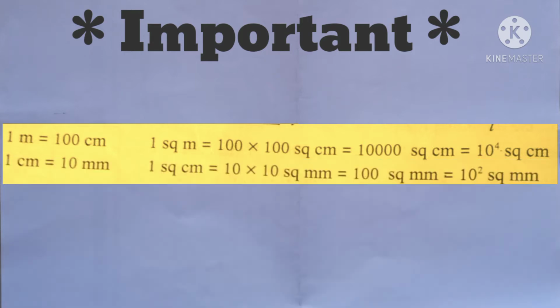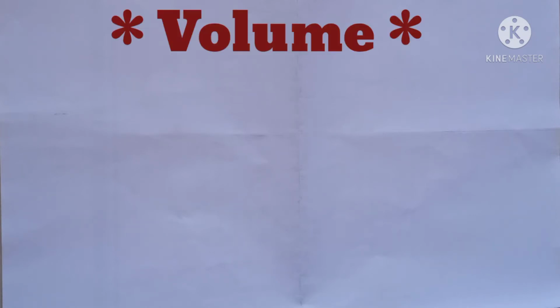If we will look towards the millimeter, then 1 centimeter is equal to 10 millimeter, which means 1 square centimeter is equal to 10 into 10 square millimeter is equal to 100 square millimeter, which is nothing but the 10 raised to 2 square millimeter. So these are the important points which we have to keep in your mind and write systematically in your classwork notebook.